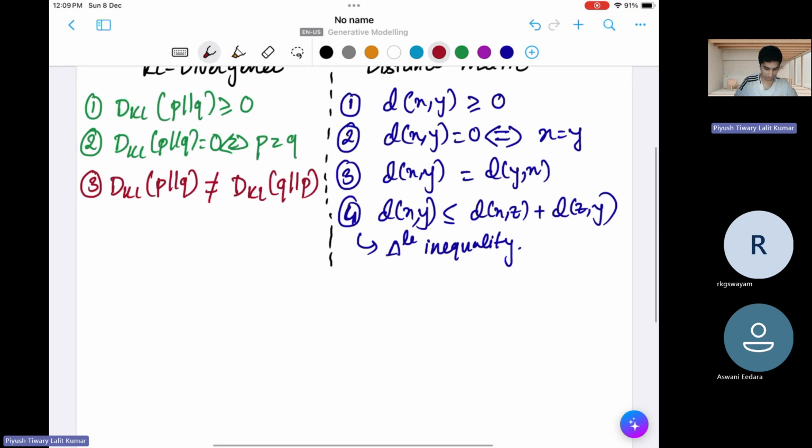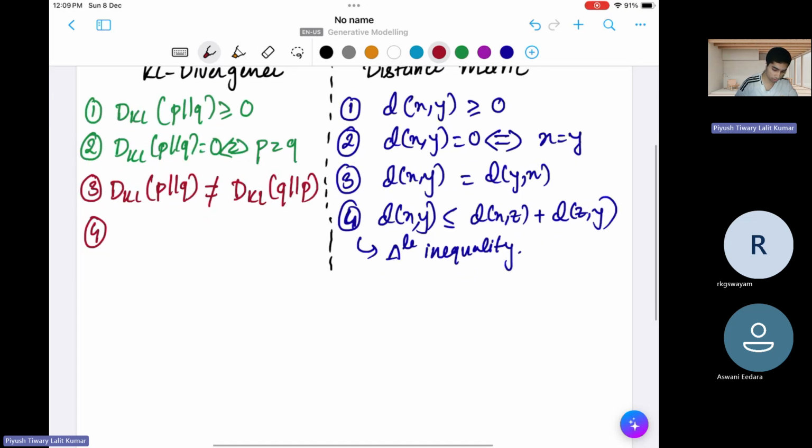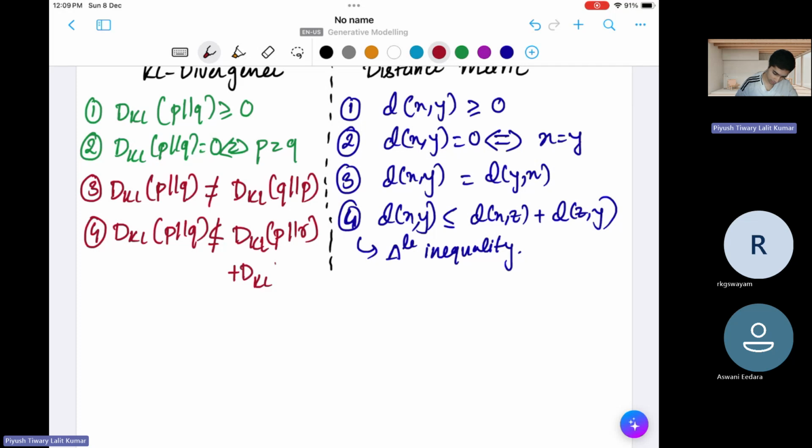So the KL divergence is not symmetric. That's one thing which is different from a distance metric. And the fourth property, the triangle inequality, also doesn't hold: dKL between P and Q is not less than or equal to dKL between P and R plus dKL between R and Q. So this also doesn't hold.